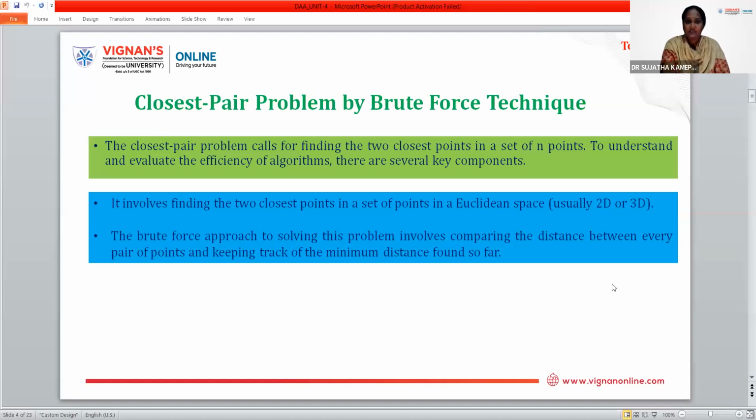Coming to the first one, the closest pair problem, which can be solved by using the brute force technique. The closest pair problem calls for finding the two closest points in a set of n points. Points in question can represent physical objects such as aeroplanes or post offices, as well as database records, statistical samples or DNA sequences.